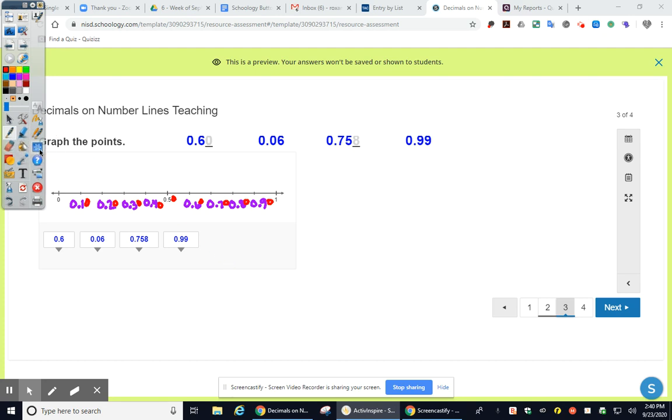Okay? So, let's go ahead and think about this one here. If we have something that looks like 0 and 6/10, remember, if we wanted it to look like money to help us out locating it on a number line, we could put a 0 behind it and act like it's 60 cents.